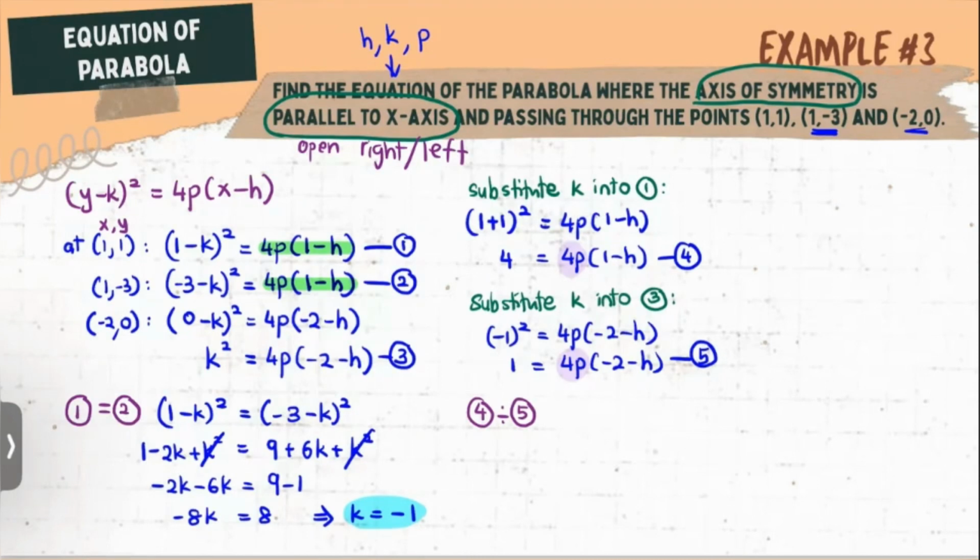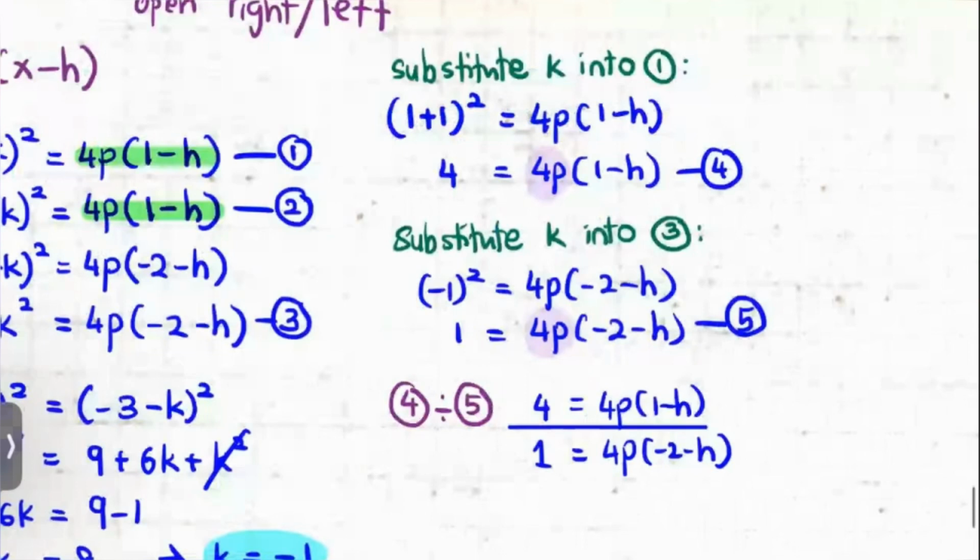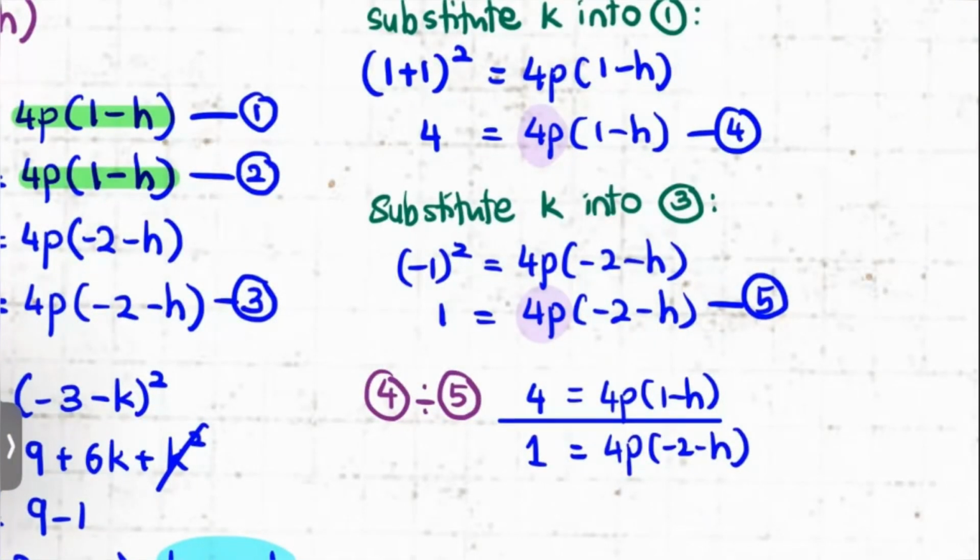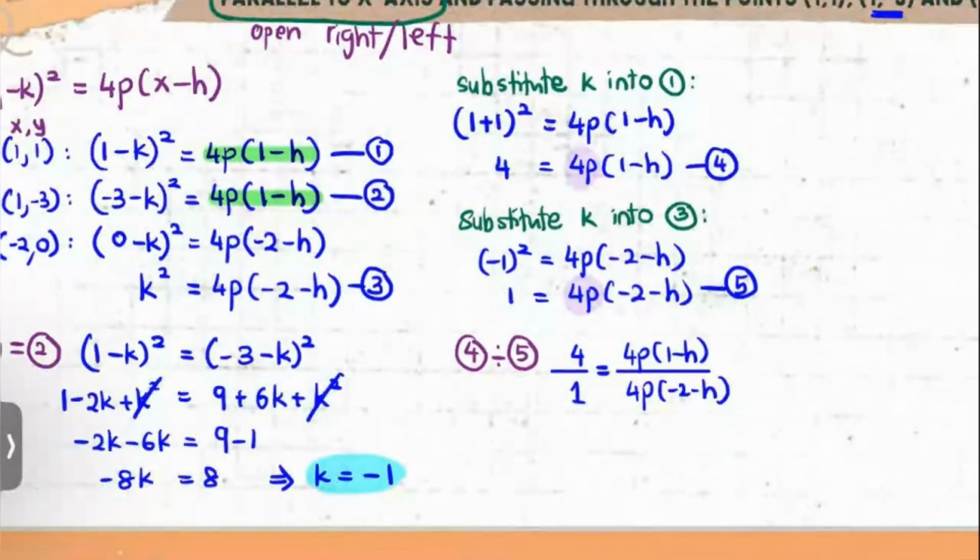Okay, so what will happen adalah 4 equals to 4P 1 minus H will be divided by 1. 4P negative 2 minus H. Okay, 4 bahagi 1 dapat 4 sama dengan 4P potong dengan 4P.